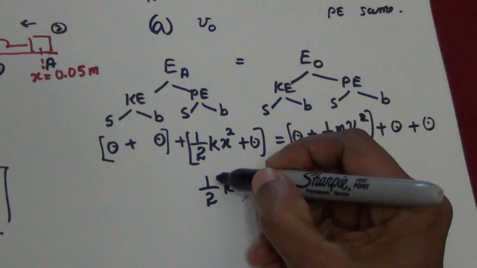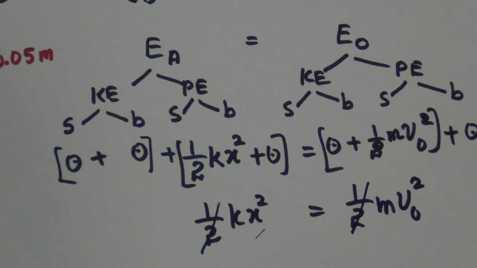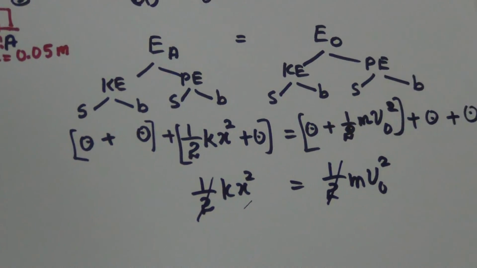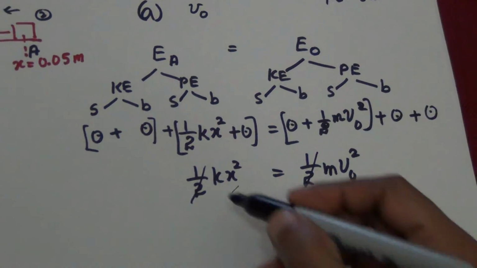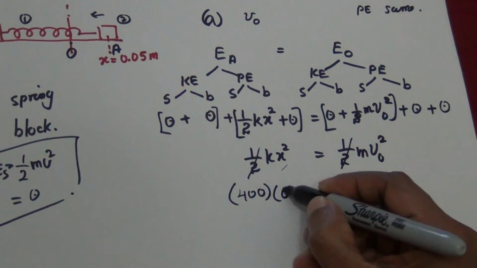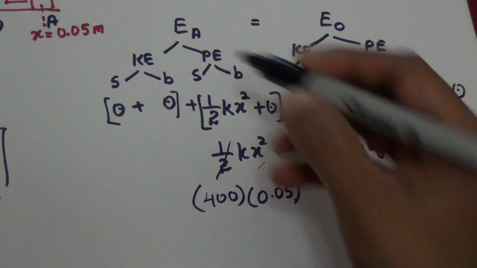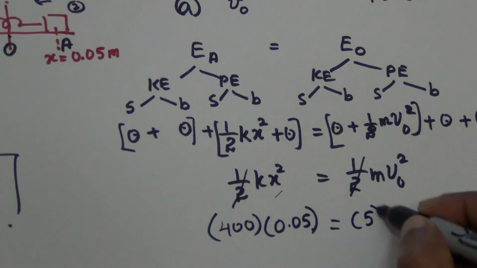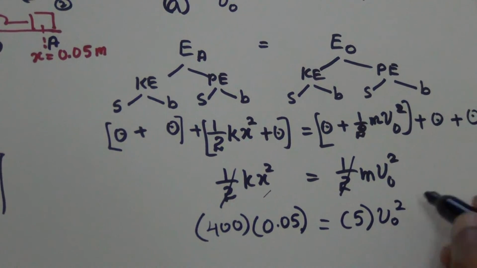So now we can cancel this 1/2, and if you plug the values, the k is 400, the x is going to be 0.05 at A, equals, the mass is 5 kilograms, V naught squared.